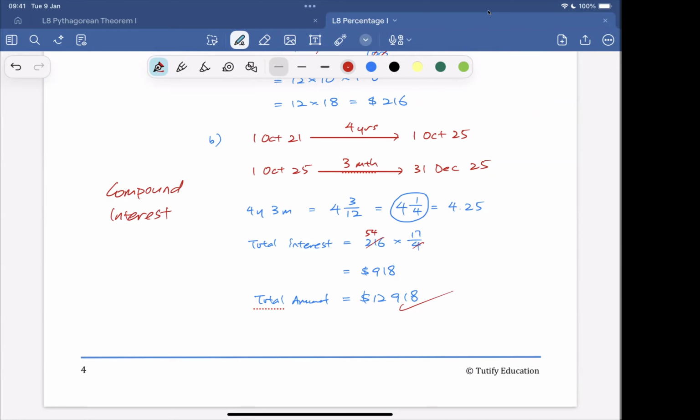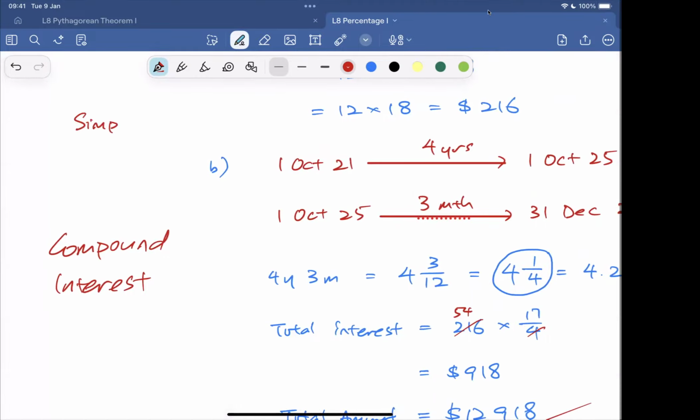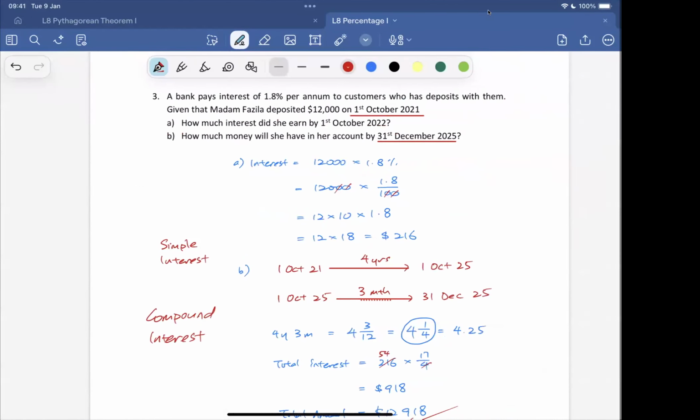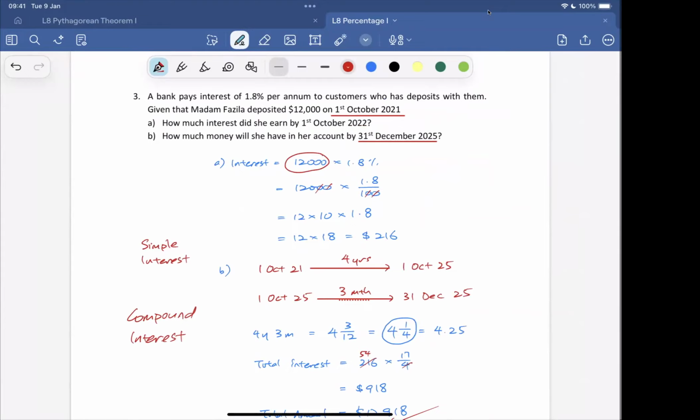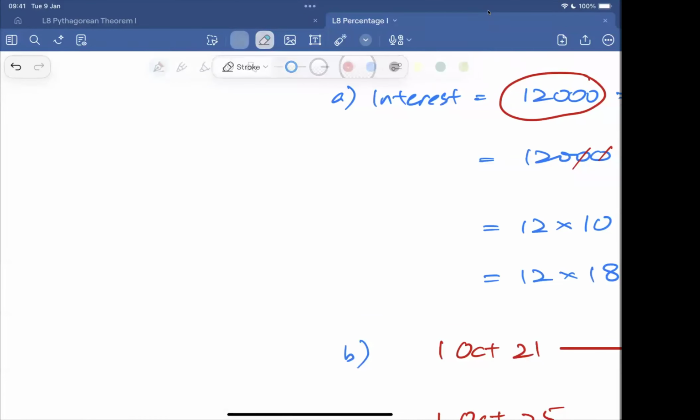Students, what we have learned right now is called simple interest. Every year, you're just getting interest based on $12,000. But can you imagine if, when you take your interest, you put it back into your bank account?